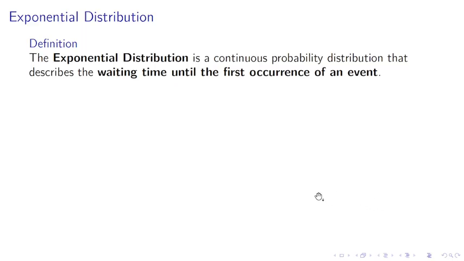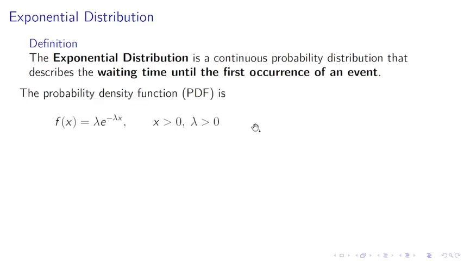The exponential distribution is a continuous probability distribution that describes the waiting time until the first occurrence of an event. The probability density function, PDF, is given by f(x) = λe^(−λx). Here, lambda is the parameter and x is the continuous random variable.